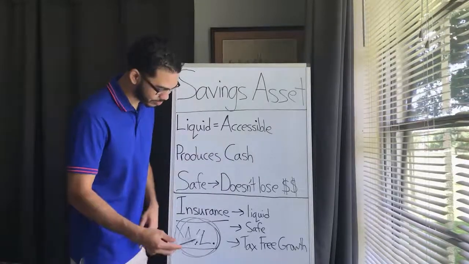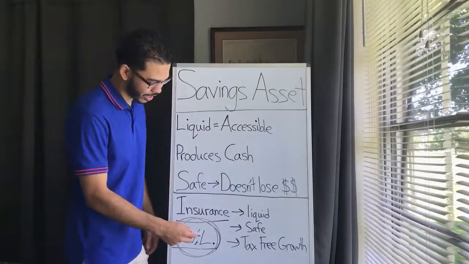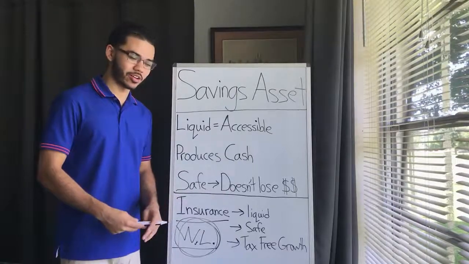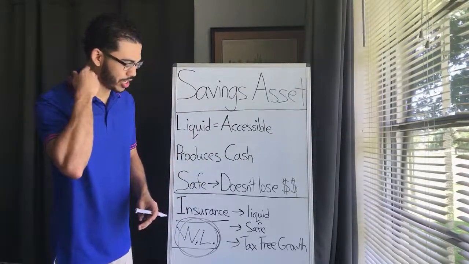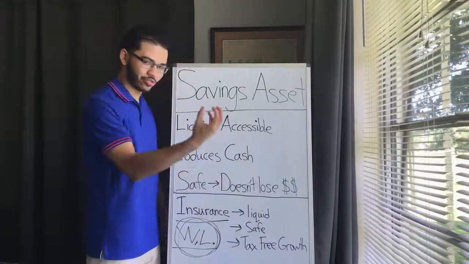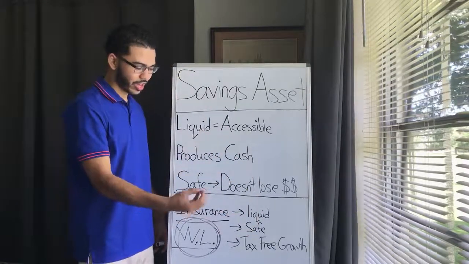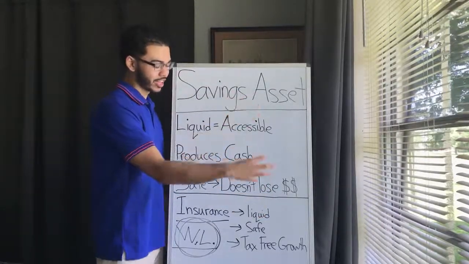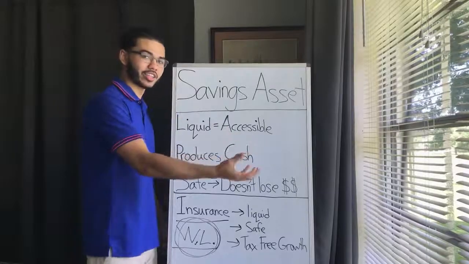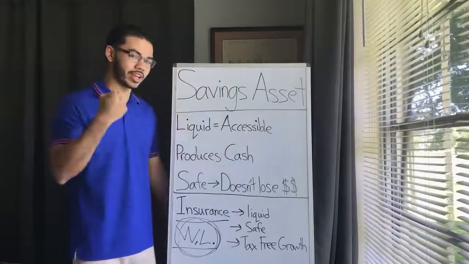All right, so whole life, or in other words, dividend paying whole life insurance, is a safe vehicle. The money that you put in that you're saving is liquid. It's accessible. I can grab it at any time.